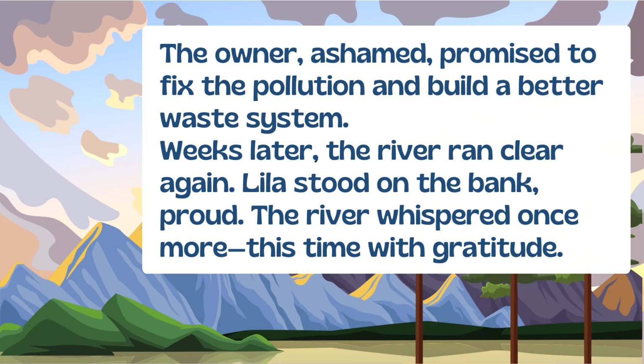The owner, ashamed, promised to fix the pollution and build a better waste system. Weeks later, the river ran clear again. Lila stood on the bank, proud. The river whispered once more, this time with gratitude.